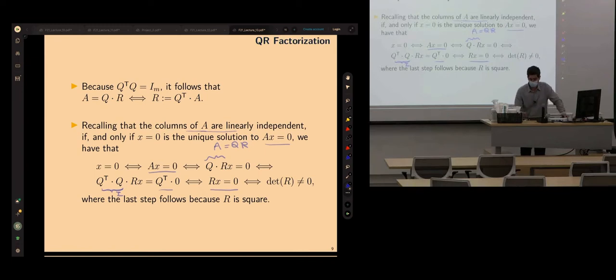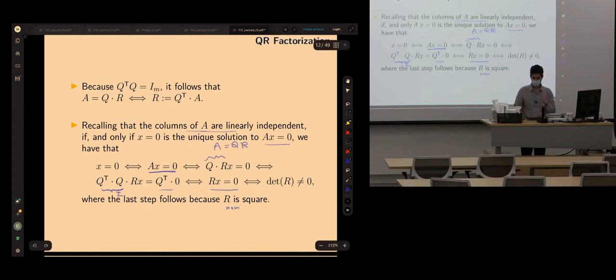Now, R is a square M by M matrix, so we can talk about the determinant of R. If the determinant of R is not 0, that should imply that we have a unique solution, because that means the columns of A are linearly independent.